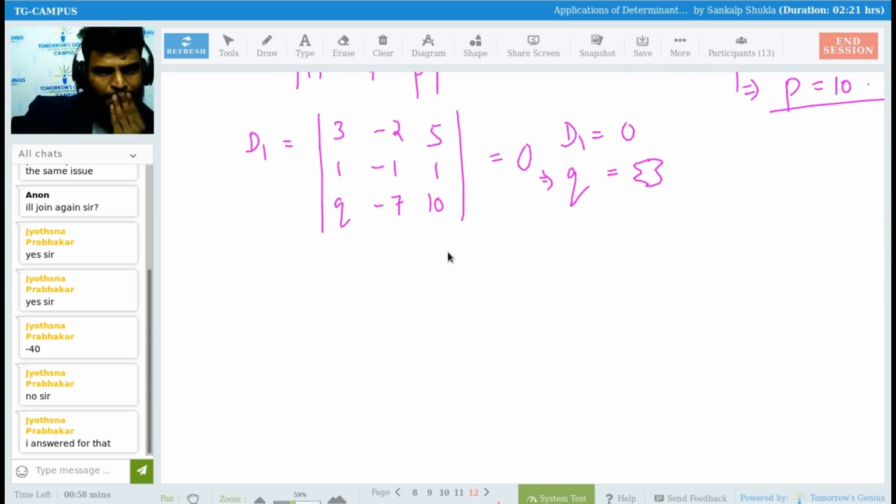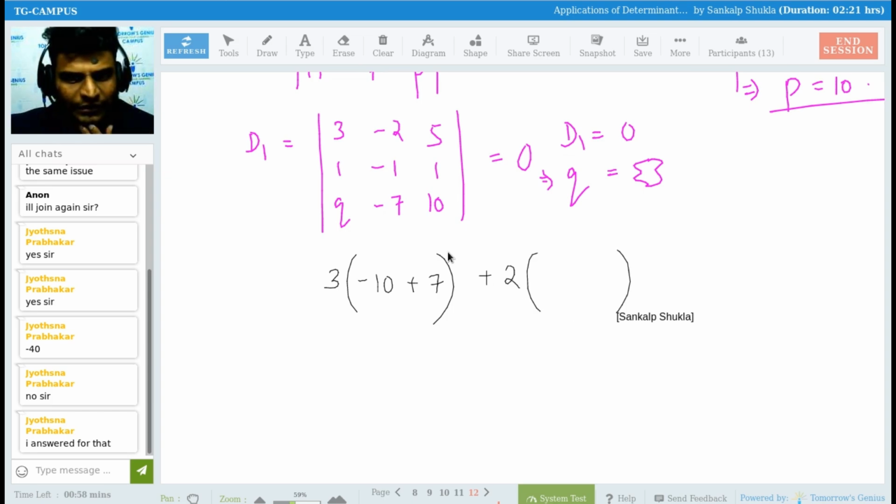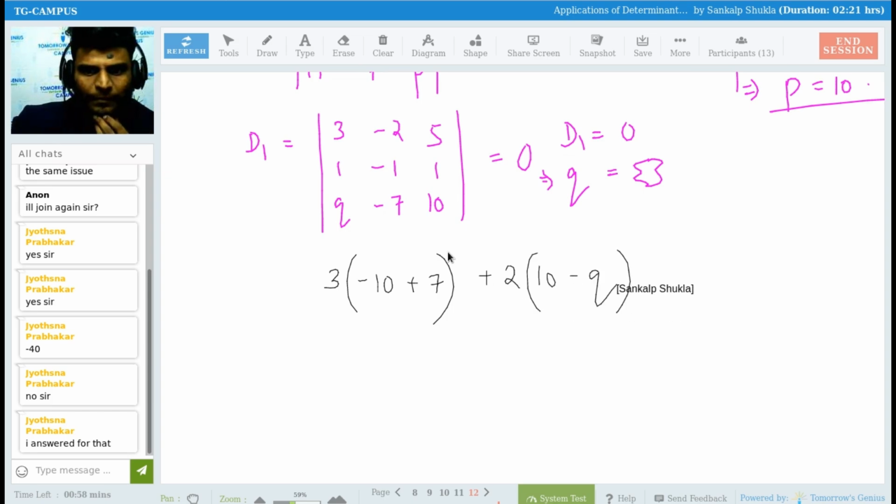3 will be here, minus 10 plus 7. Plus 2 will be here, and it will be 10 minus q, and plus 5 will be here, and that will be minus 7 plus q equals to 0.